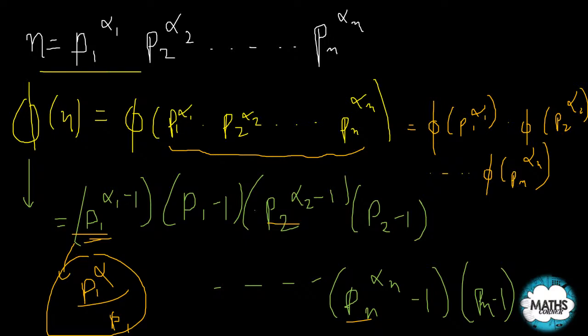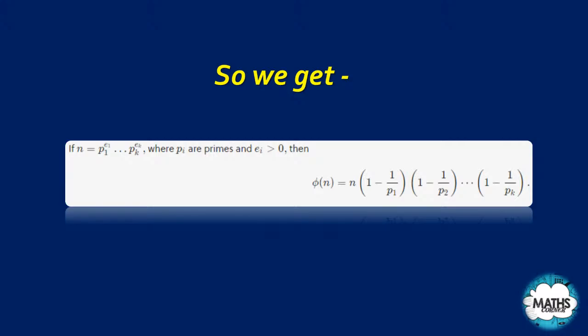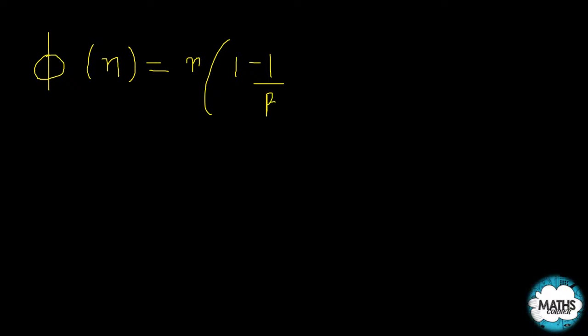So this is my n, and p1, 1 minus 1 by p2 till 1 minus 1 by pn, where p1, p2, p3, pn are the distinct prime factors of n. So let me write it down. We get phi of n equals n times 1 minus 1 by p1 into 1 minus 1 by p2, and so on.